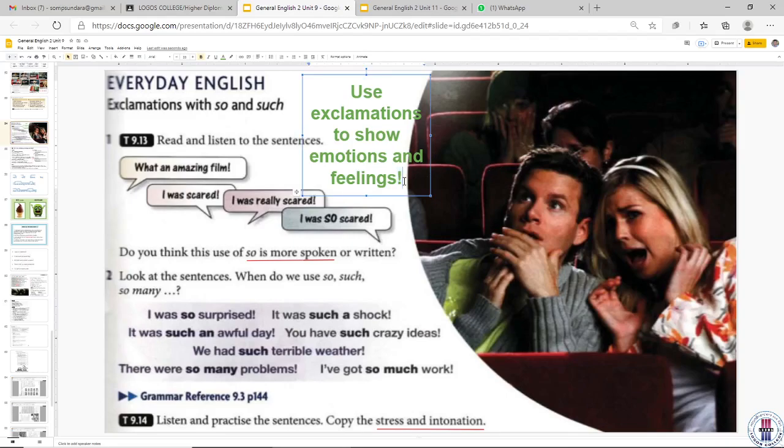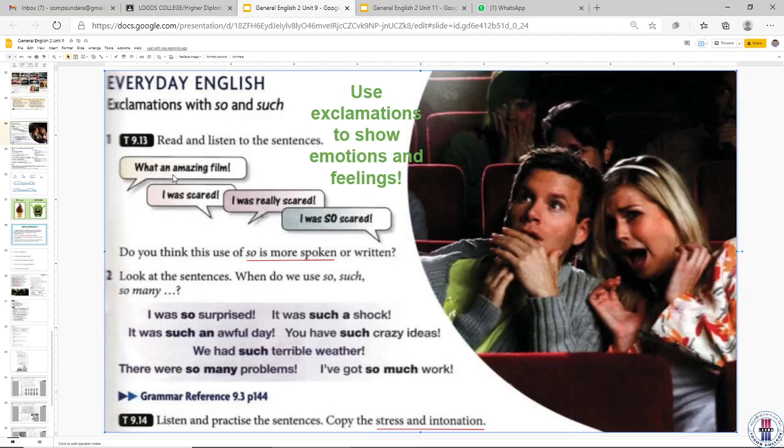And when you look at these phrases, what an amazing film. If you read it like this, what an amazing film, that's not really showing any emotion. You would read it like this, what an amazing film. So you want to show that you were amazed.